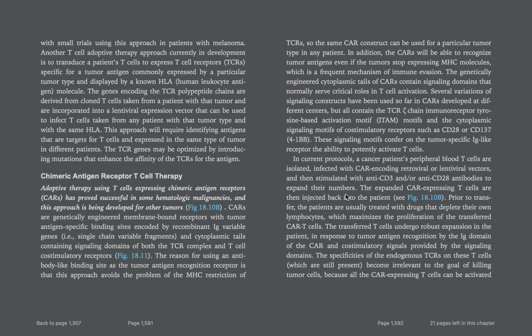These signaling motifs give the Ig-like receptor the ability to potently activate T cells.